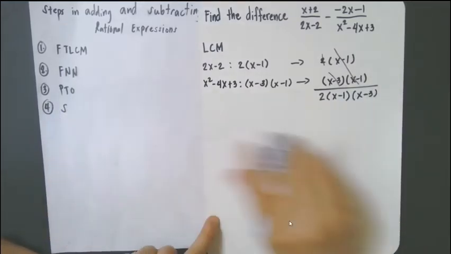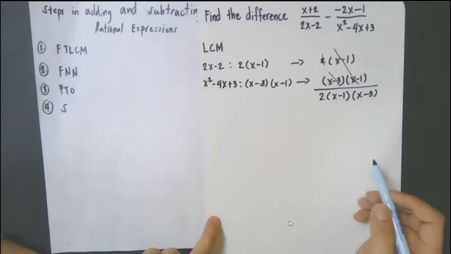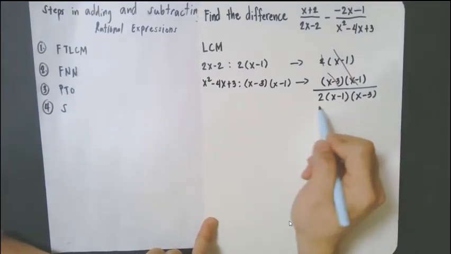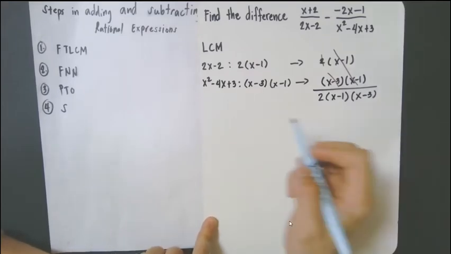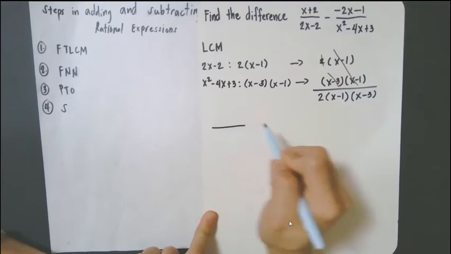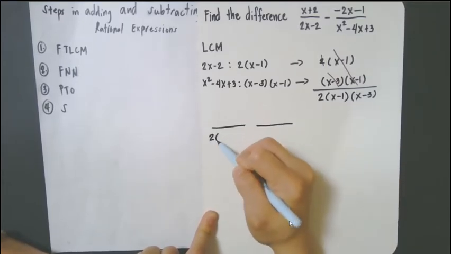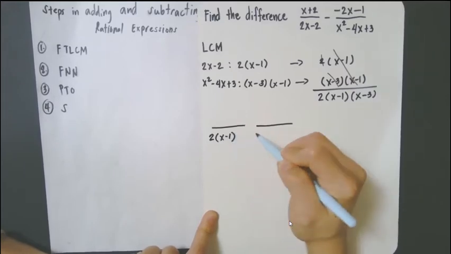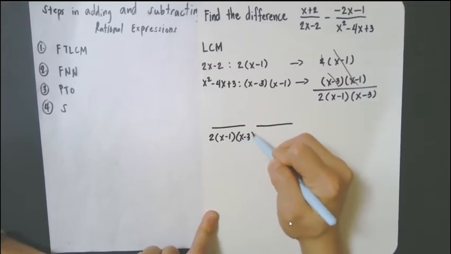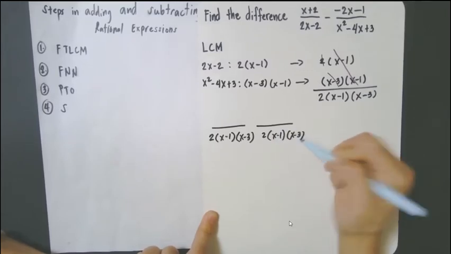Now, we go to step 2, which is find the new numerators. So to do that, let's write first our new denominator, which is 2 times x minus 1 times x minus 3.